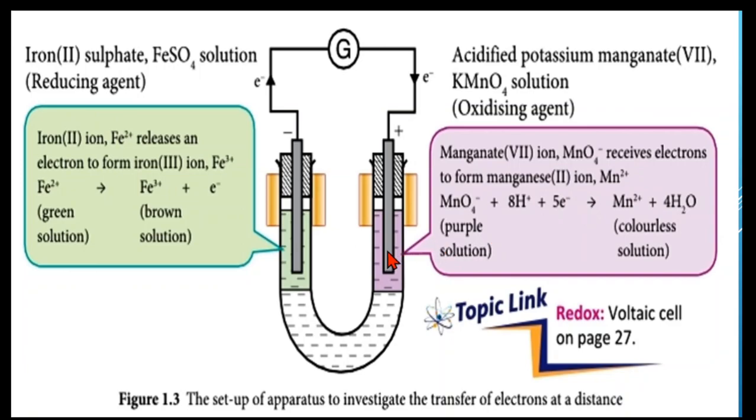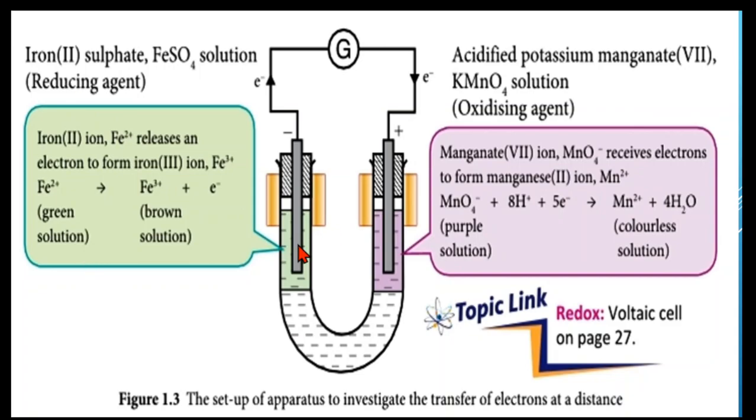So here, from purple solution, after it receives the electron, it becomes manganese(II) ion, a colorless solution. This one, initially is a green solution, Fe2+, but after it donates one electron, it becomes a brown solution here.